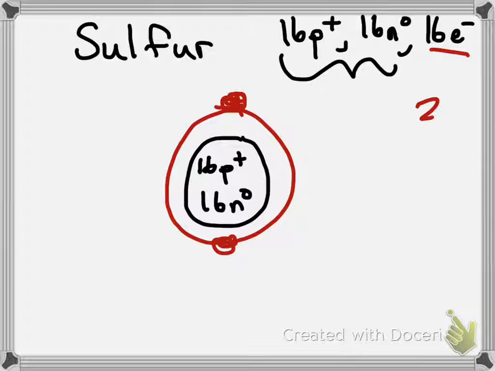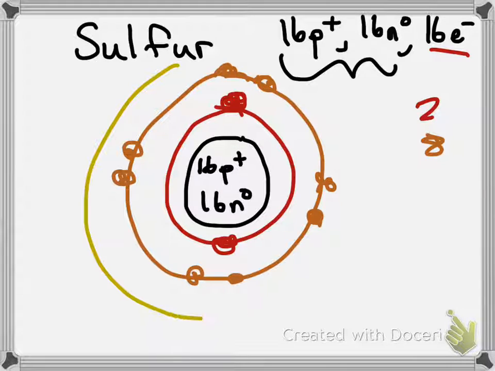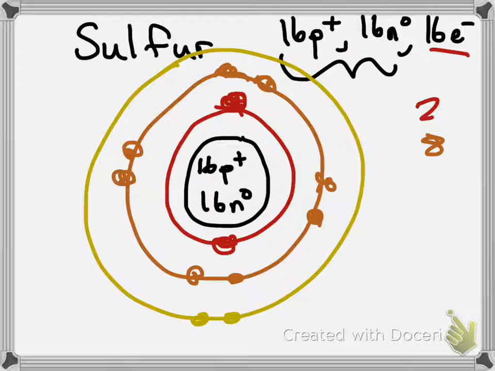Those are on the first shell. Then on the second shell, we're going to have a total of 8. At this point, we have drawn 2 plus 8, so that's 10 electrons. We still need to draw 6 more. But the second shell can only have a maximum of 8, so we would need to add a third shell. And we have 6 more to draw.